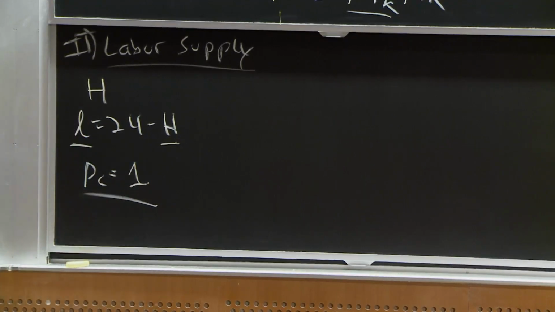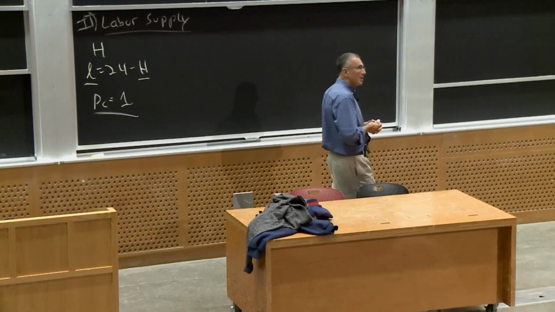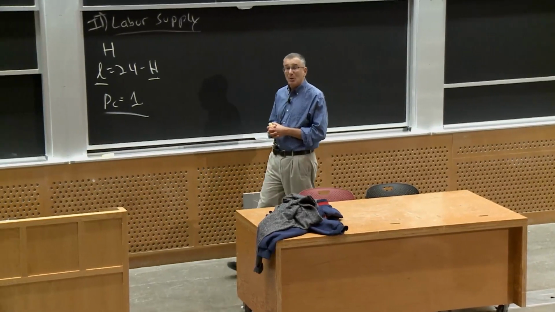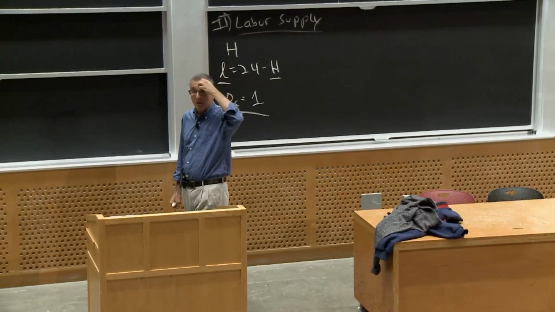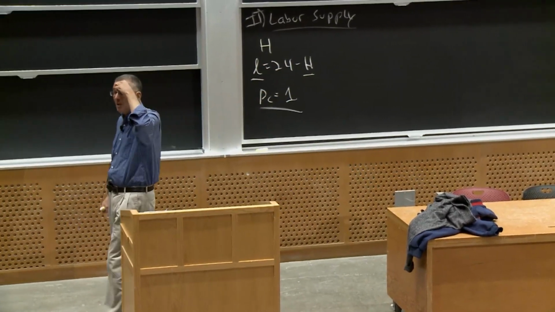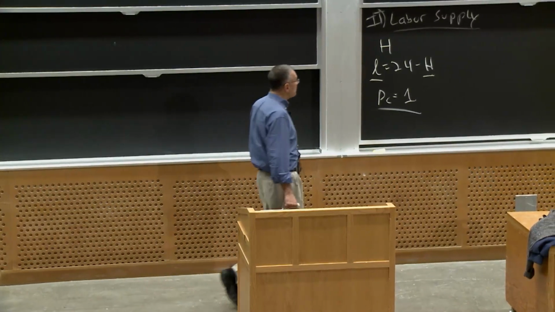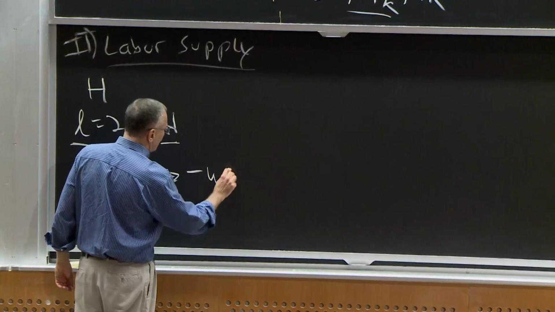That is, there's some aggregate consumption good you're buying with a price of 1. This is a trick we call making a numeraire good. It makes life easy. Otherwise, we'd have to track the price of consumption throughout. Remember when we did pizza versus cookies? You need to track the price of pizza versus the price of cookies, not just the ratio. By setting PC to 1, we no longer have a ratio to track, just a level. So the slope of the budget constraint is then, instead of minus W over PC, just minus W.